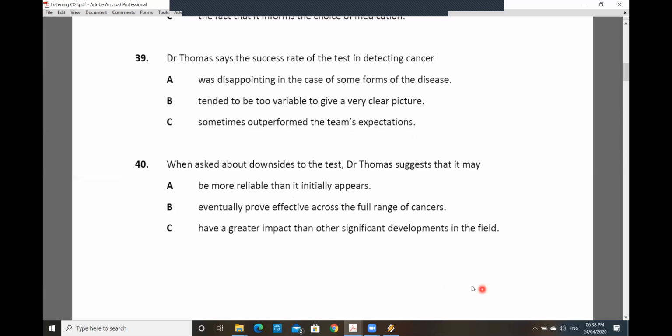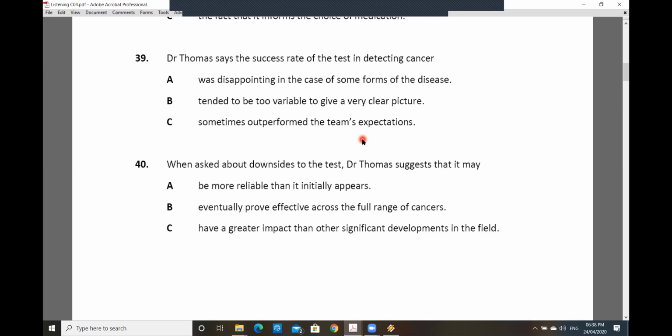So that is something which would help us eventually prove effective across the full range of cancers. No, it may not be, because other breakthroughs that we have are also limited to a particular population, but still we consider them a major development. And he is emphasizing right from the beginning that the main benefit of this kit is that it is able to identify the most common ones.